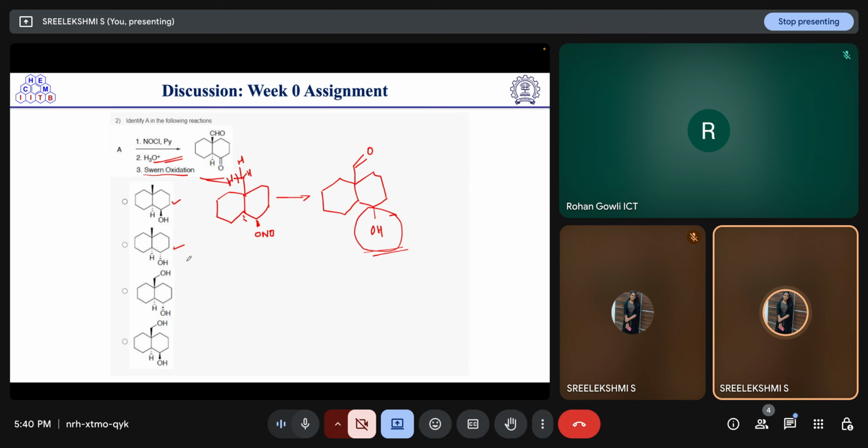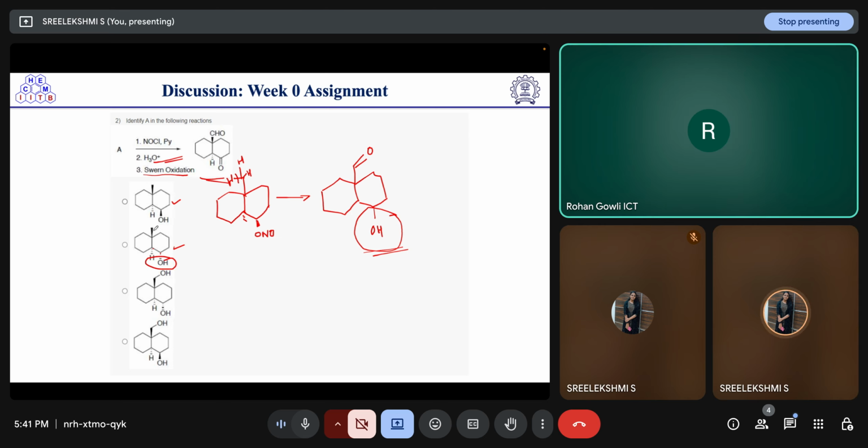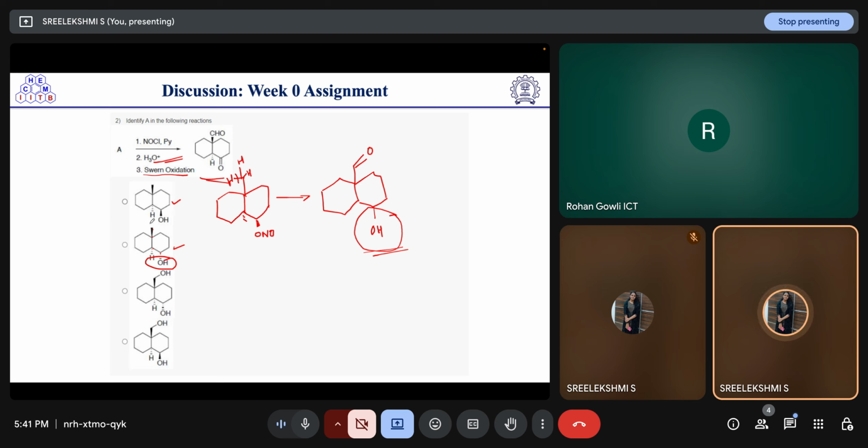So when you said the second option, the problem here is that this is alpha. Below. Yeah, 1 2 3 4, but this hydrogen radical here is above, so that abstraction won't be possible. So the answer will be option A.